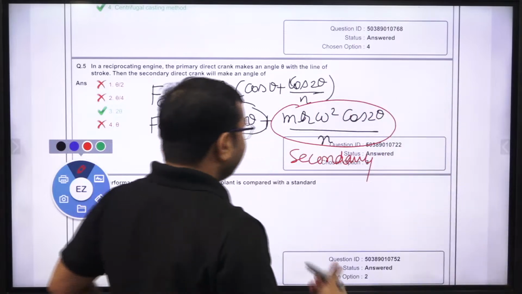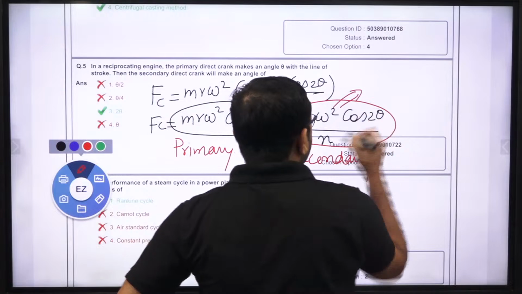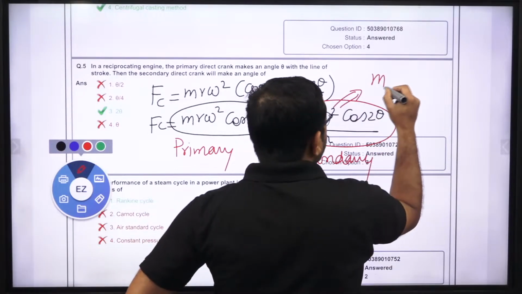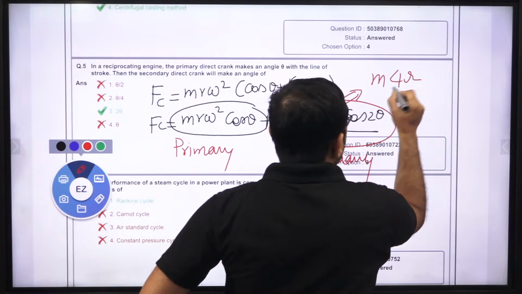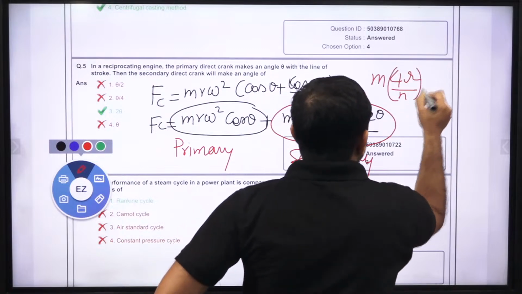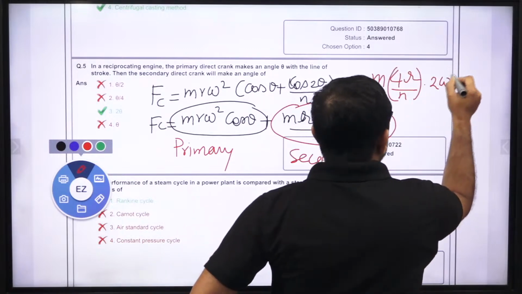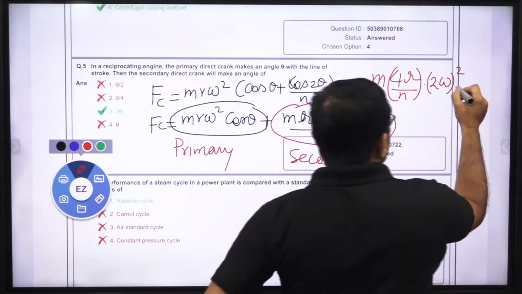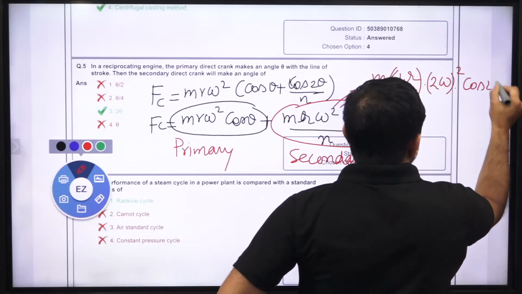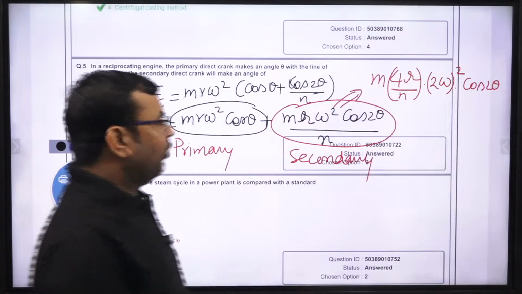So if I write the secondary centrifugal force here, it can be written as m into 4r by n into 2 omega whole square into cos 2 theta. Yes or no?